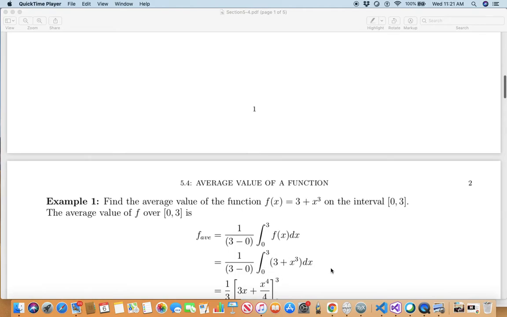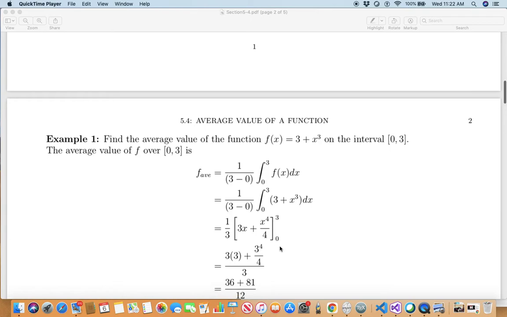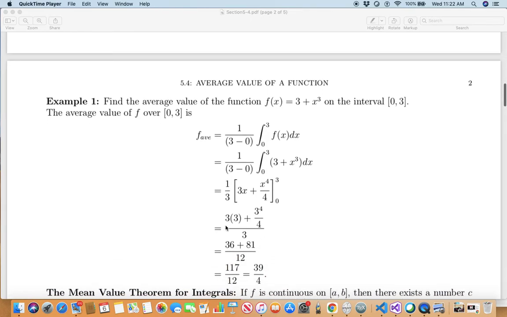You're taking the integral of 3, which is 3x. The integral of x cubed is x fourth over 4. 3 minus 0 is simply 3, and the limits of integration are 0 and 3, so I've maintained the 3 below.